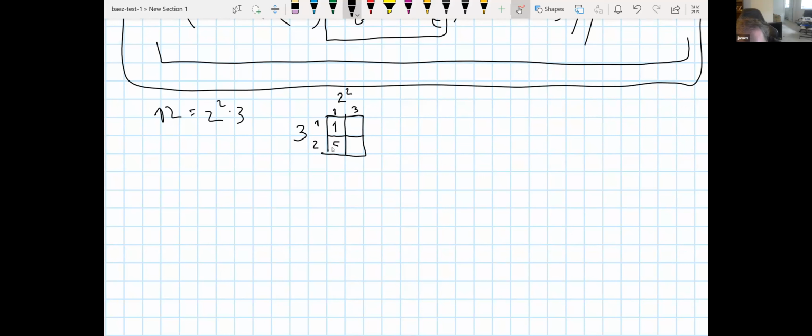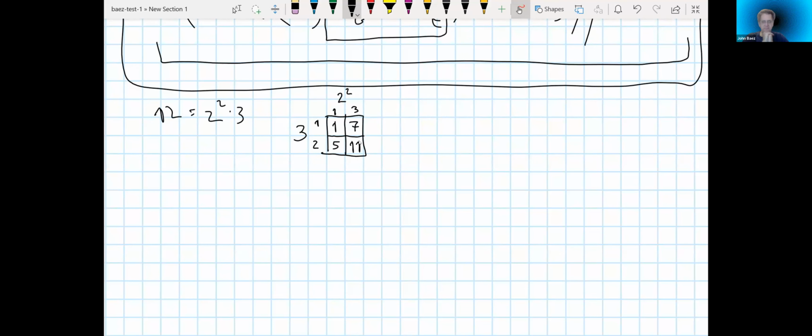So this is like 1. Am I doing this right? Is this 1, 5? Where are 7 and 11 here? Let's see. 5 is 1 mod 4 and 5 is 2 mod 3. What about 7? 7 is 3 mod 4 and it's 1 mod 3. So maybe it's like this.